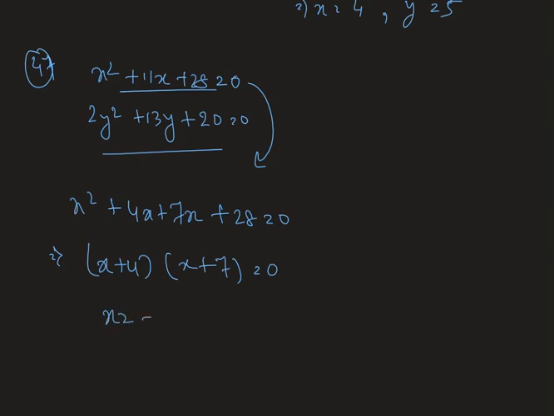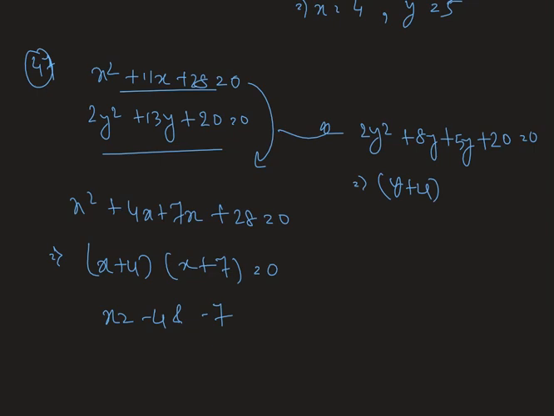Hence x equals minus 4 and minus 7. Now for the next one we get 2y square plus 8y plus 5y plus 20 equals 0. Hence we get y plus 4 multiplied by 2y plus 5 equals 0.